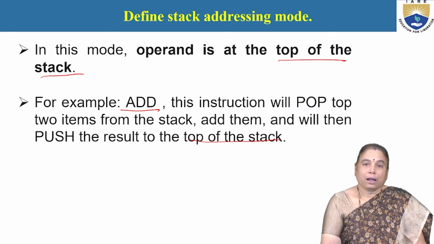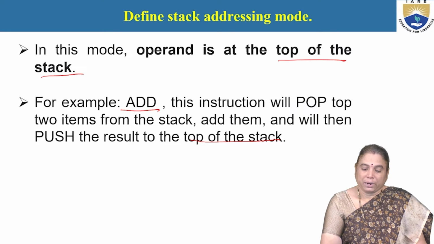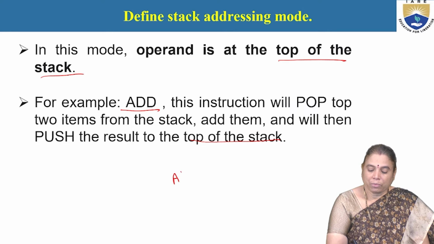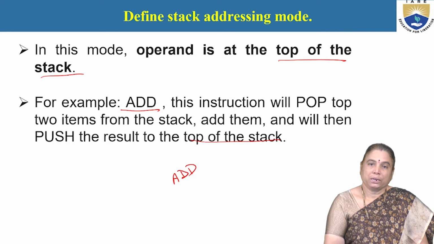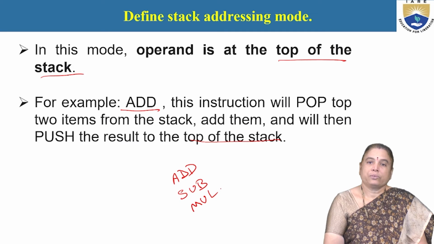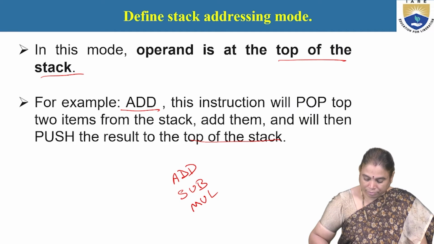So here the operands are stored in the stack and can be retrieved to perform the micro operations. In the assembly language instruction, we simply specify what micro operation is to be performed on the operands, like add, sub, mul. So these instructions are generally referred to as zero address instructions.